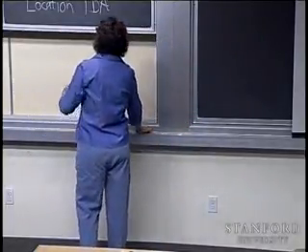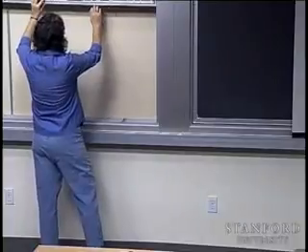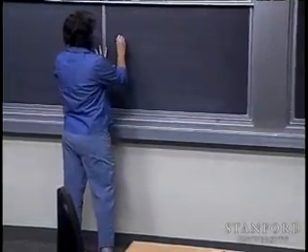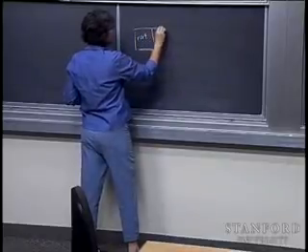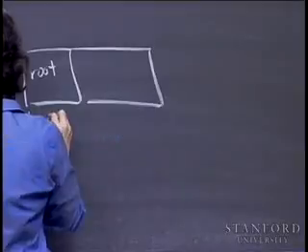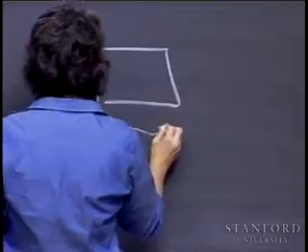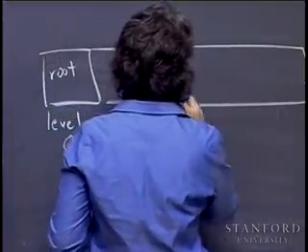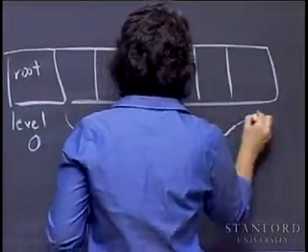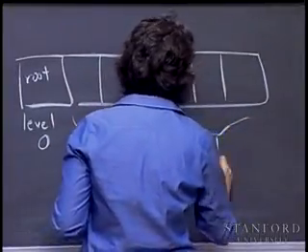And in the array, there was this pattern of: here is the root node. We'll call this level 0. And then the next 2 nodes are level 1. And the next 4 nodes are level 2, and so on.